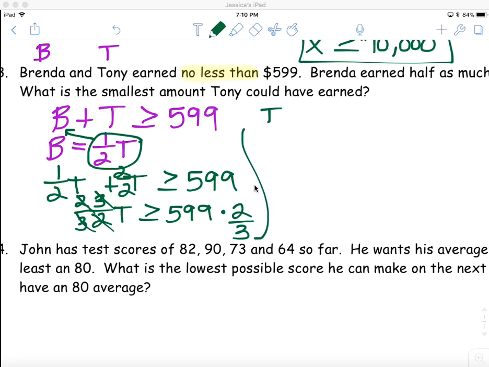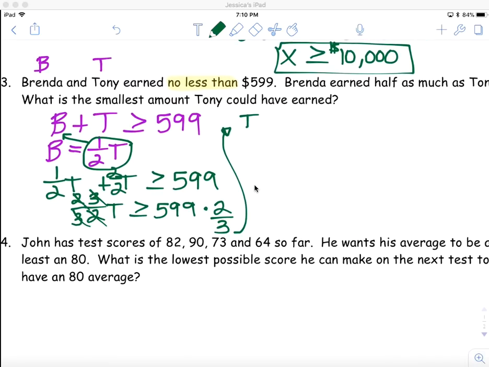I'm going to move it up here just because I'm running out of room. On the right, 599 is the same thing as 599 over 1. So I'm going to multiply this straight across. 599 times 2 is 1,198. 1 times 3 is just 3.